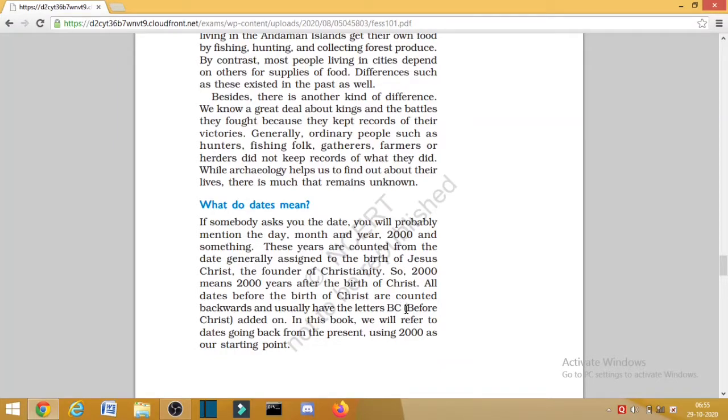In this book of class 6 history, we will refer to the dates going back from the present using 2000 as our starting point.